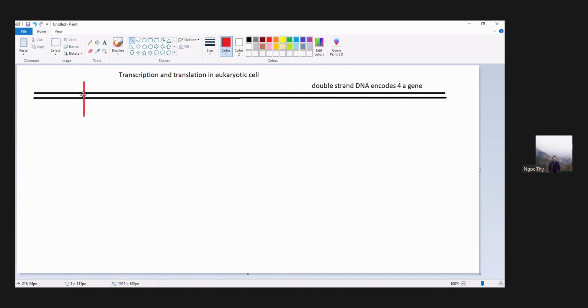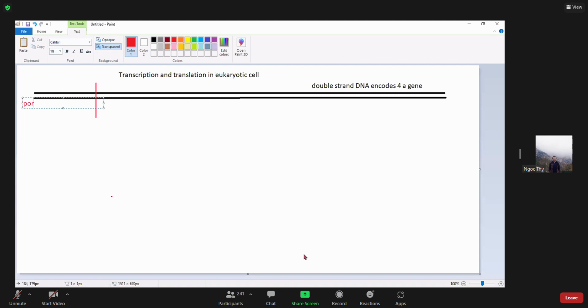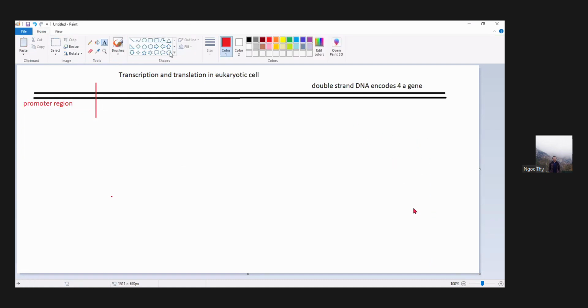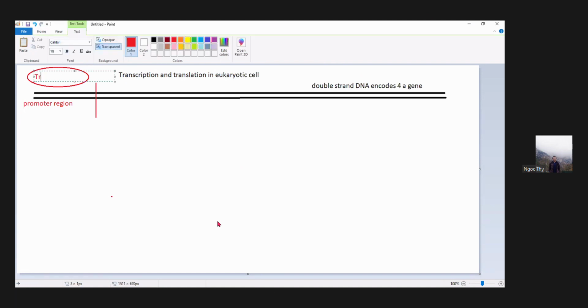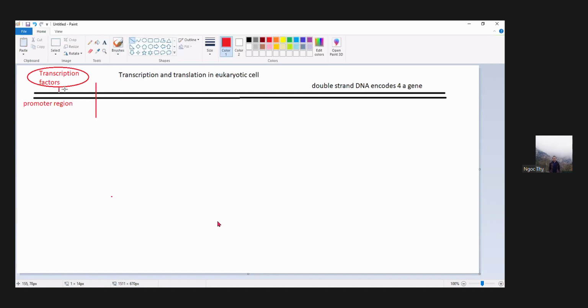Let's hypothesize this is the promoter region, and the transcription factor will bind in here and start to synthesize.